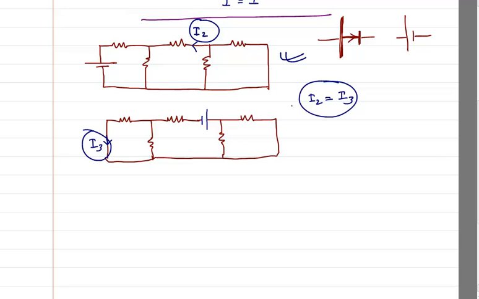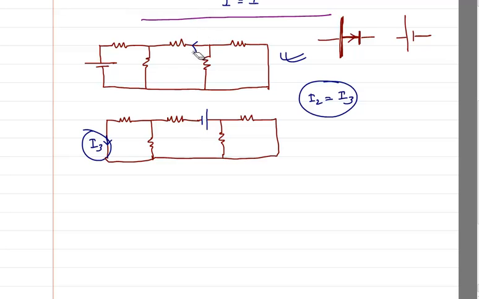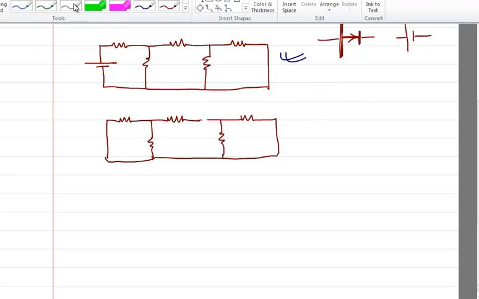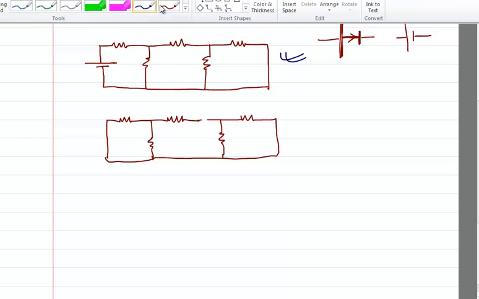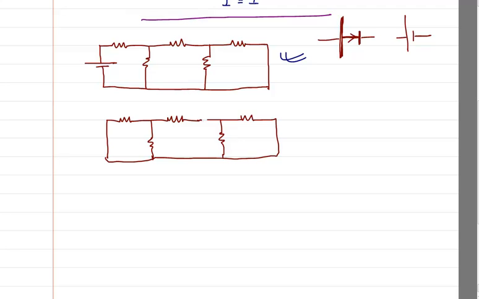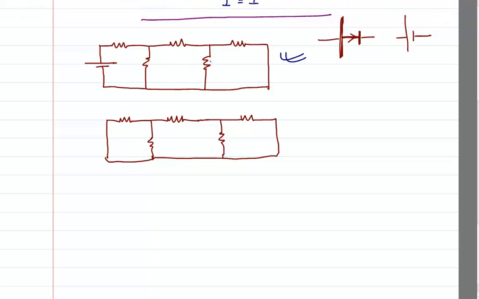Now instead of current there can be voltage also. Let me draw that one also. Instead of current there can be a voltage also. For example, let me redraw this. So I am interested to find out what is the voltage here.